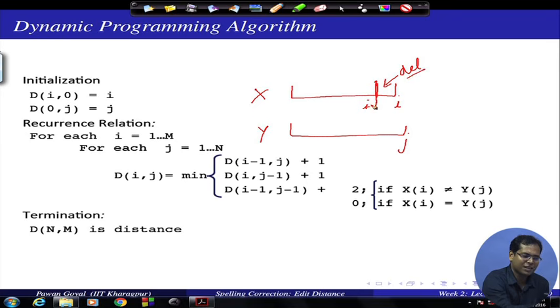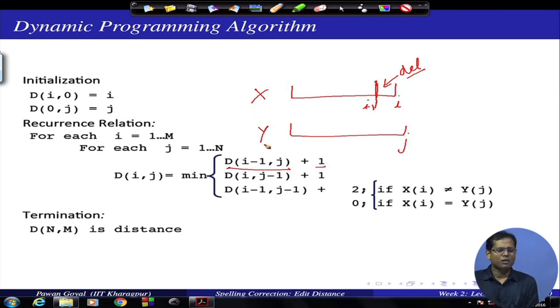I go to xi minus 1, and then I use the distance between xi minus 1 and yj. So how can I write the distance? I can say the same distance that was di minus 1 j, plus 1 because I deleted one character from x. Is that clear? In xi, I deleted one character, I went to xi minus 1, and I have already computed the distance between xi minus 1 and yj. So that is one for deletion, and this cost we already have.